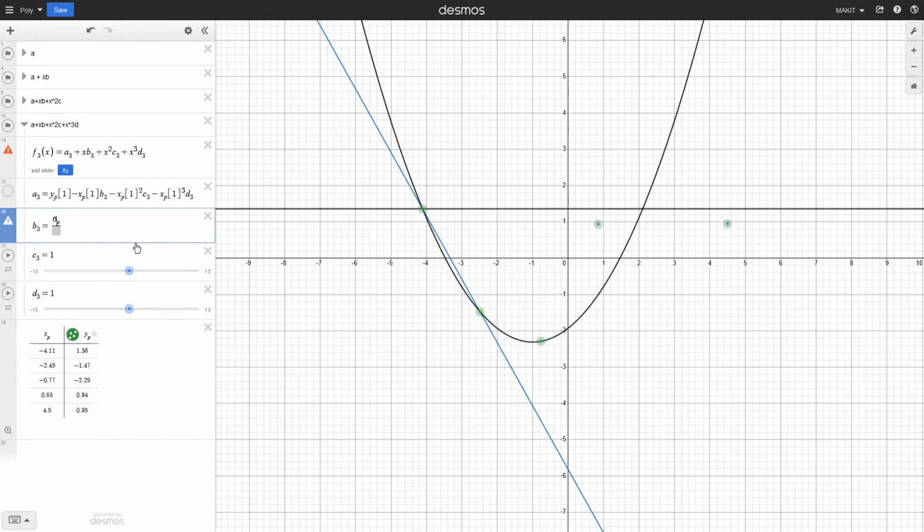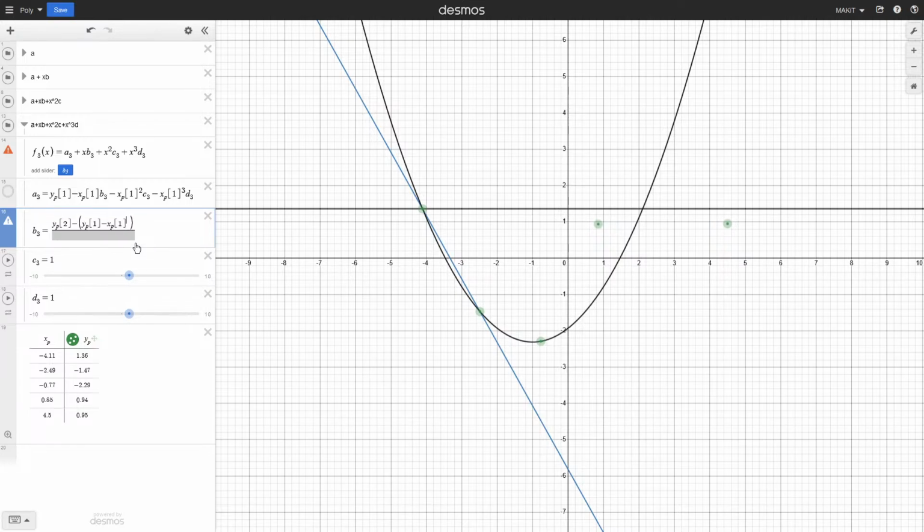So y2 minus, in brackets, y1 minus x1 squared c minus x1 cubed d plus x2 squared c plus x2 cubed d.